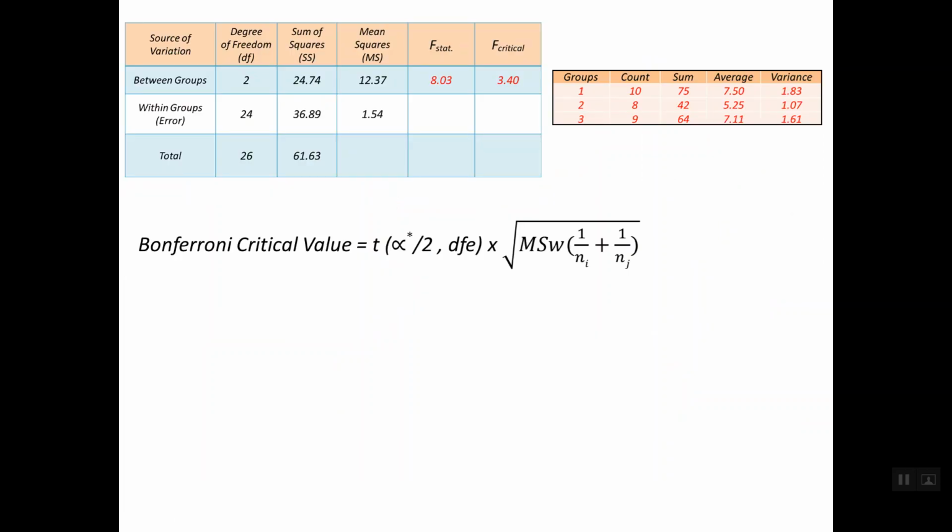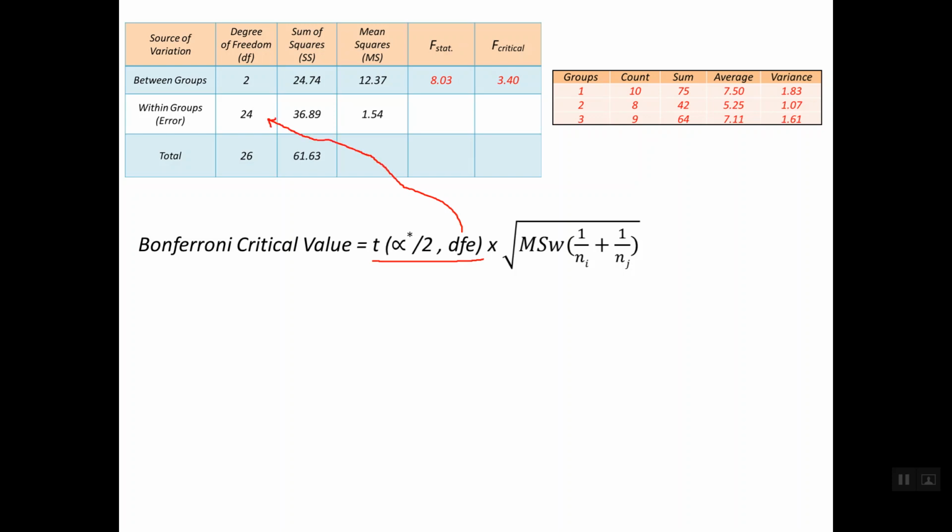So let's calculate the value of the Bonferroni critical value. This is the original formula for the Bonferroni critical value. First of all, this is the value of t, which is determined by knowing the value of the adjusted alpha, which is alpha star divided by 2, and knowing the degree of freedom for the error. The degree of freedom for the error is simply in the one-way ANOVA table.